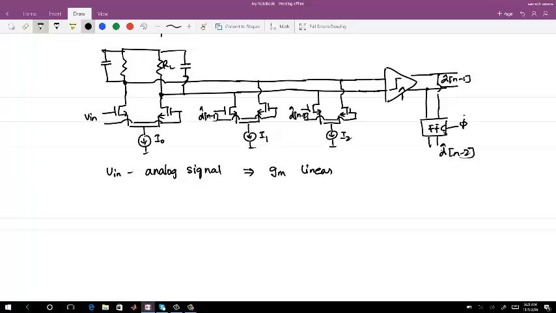Whereas, what do you think about D hat of n minus 1 and D hat of n minus 2? They are the estimated bit values which are 1 or 0, so I can say they are digital signals.